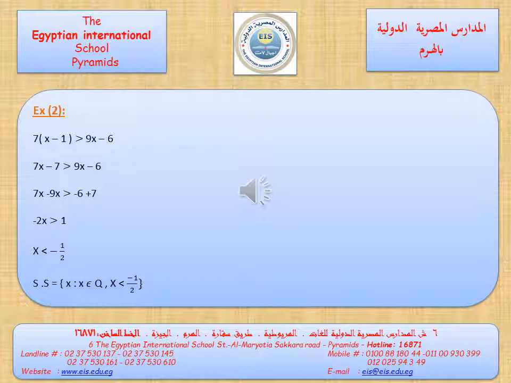Why? Because we divide by a negative number. Who is the negative number we divided by? The negative 2. So x becomes smaller than negative half, which is negative 1 over 2. In this case we say the solution set equals x such that x belongs to Q and x smaller than negative 1 over 2.